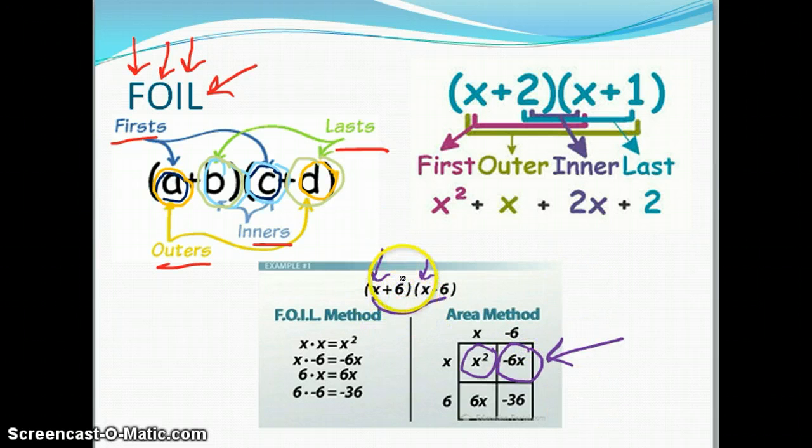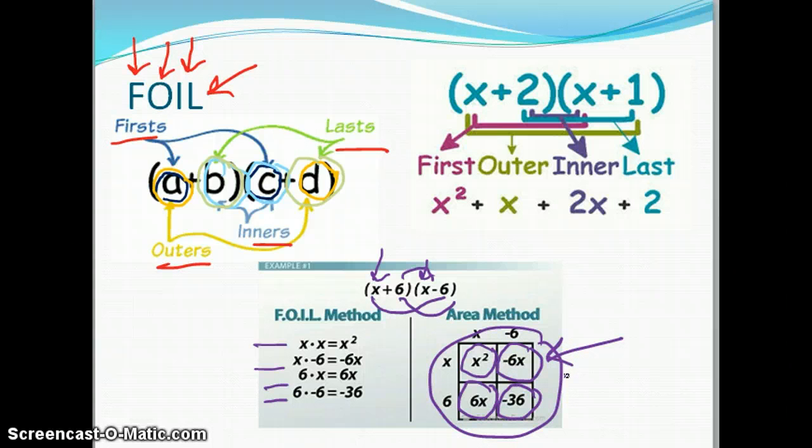Then they did the inside, 6 times x to get 6x, and then those lasts, the 6 times the negative 6 to get negative 36. So again, you're still using that same procedure, you're just representing it a little bit differently. Instead of having all these arrows and lines like I have, they did it step by step, or within the box itself. There are different ways that you can set it up as long as you're still using that same order.